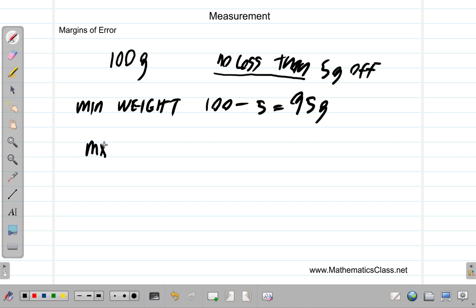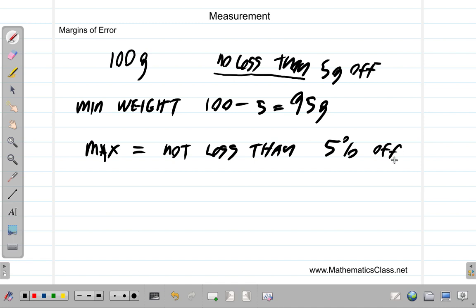In other words, the maximum variation from the printed weight must not be more than 5% off.